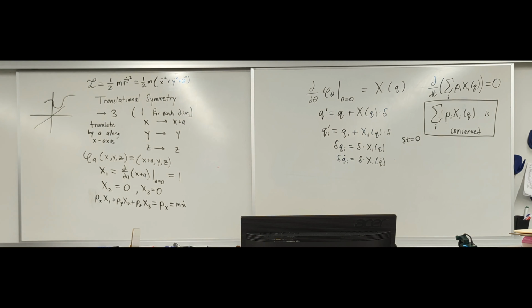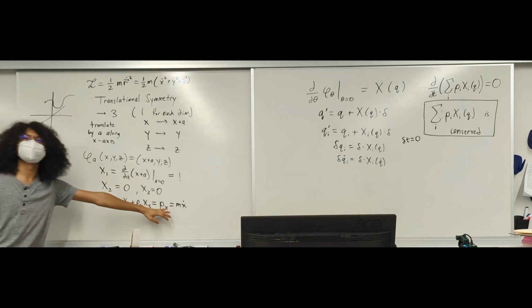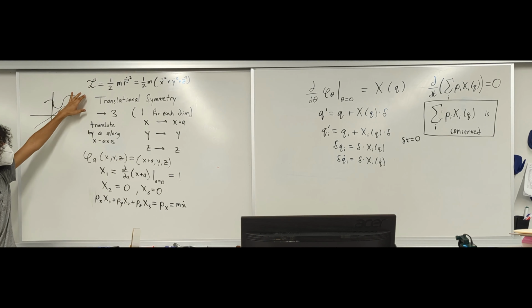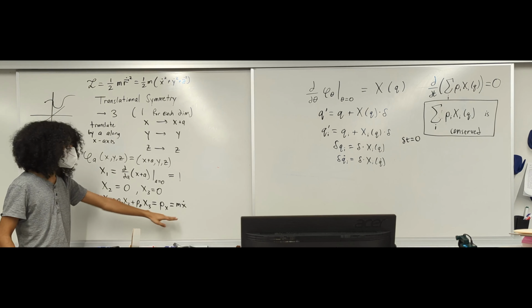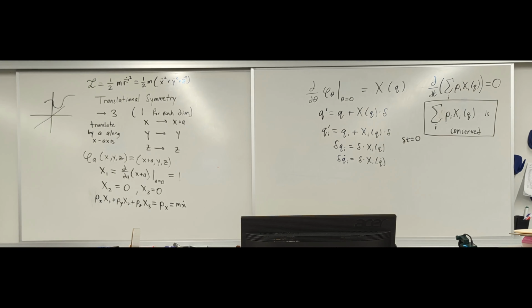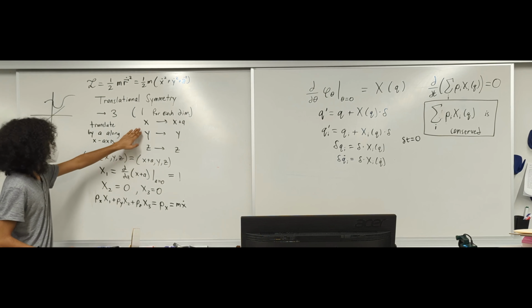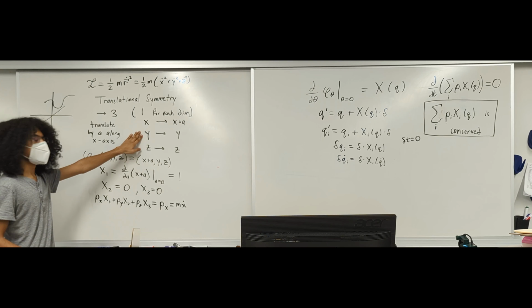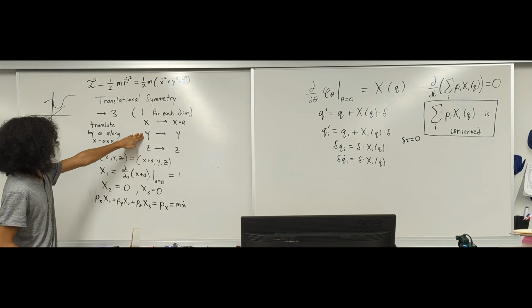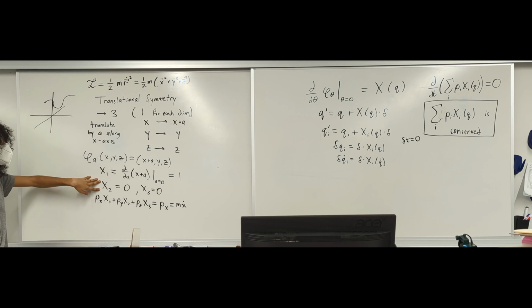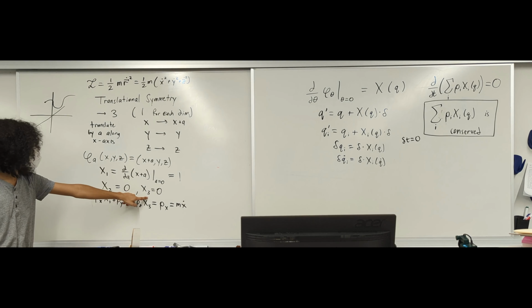But I think it's almost magical that you get this specific kind of translational symmetry, and it tells you that your momentum will be conserved. And we could do the same thing for the other translational directions. If we translated along y, then we would get that x2 is equal to 1, and these others are equal to 0.